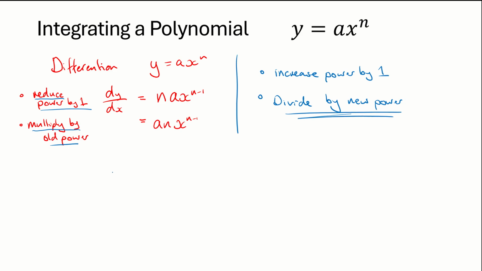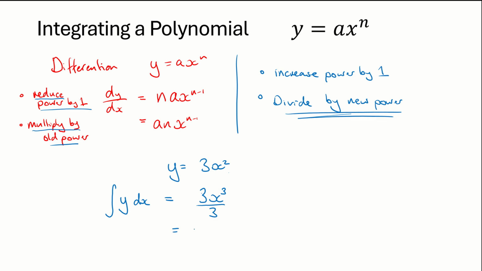Okay, so as an example, let's say we had y is equal to 3x squared. If I wanted to integrate y with respect to x, I would take that term and increase the power by 1, so 3x cubed, but I need to divide by the new power, so I need to divide by 3.